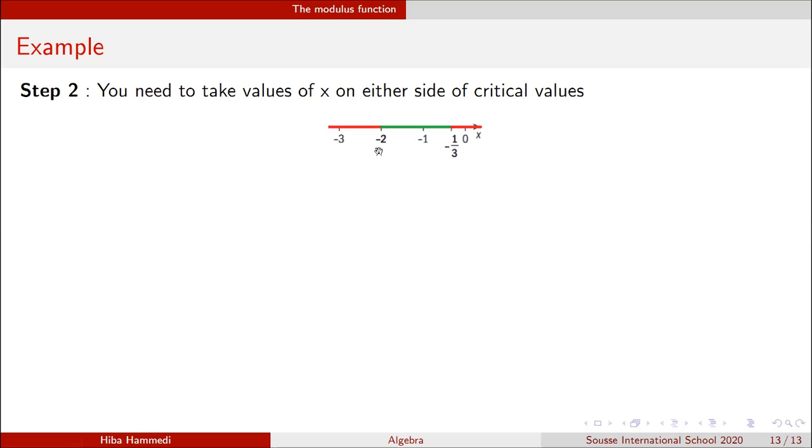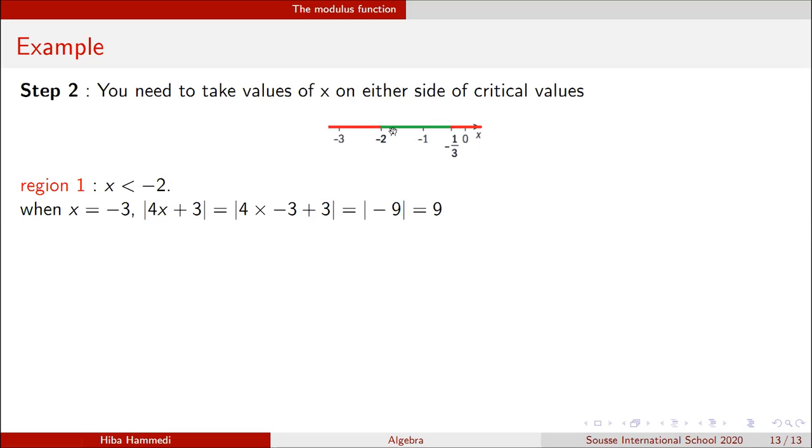I know that the two solutions are -2 and -1/3, so I have three regions: the region where x is less than -2, the region where x is between -2 and -1/3, and the region where x is more than -1/3. I will start with region 1. I will pick a value that is less than -2, substitute it in the expression and see if the inequality is satisfied.